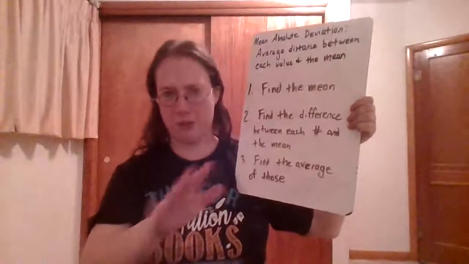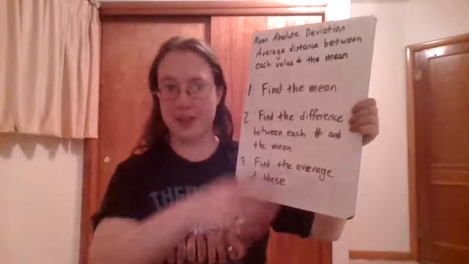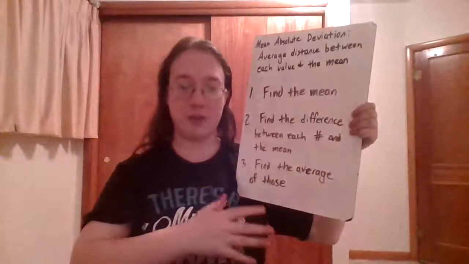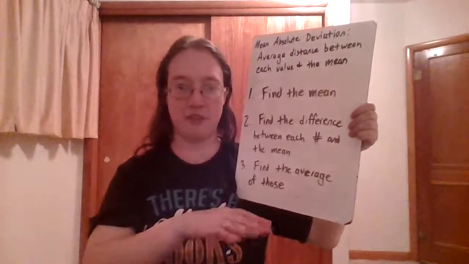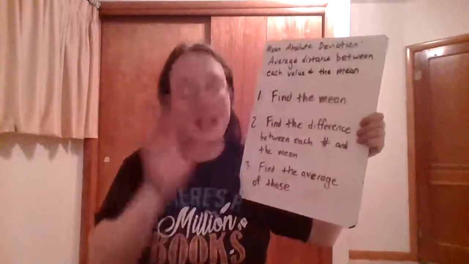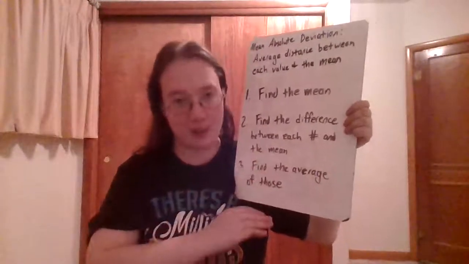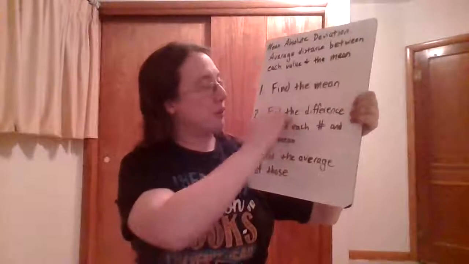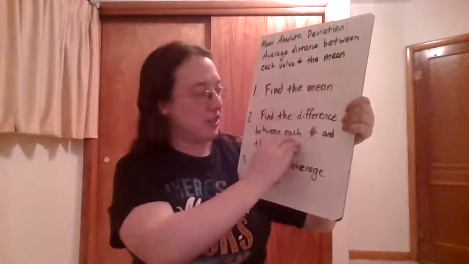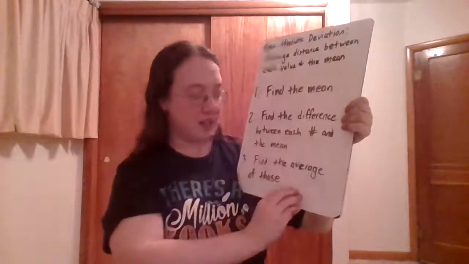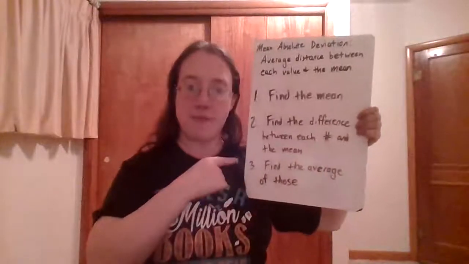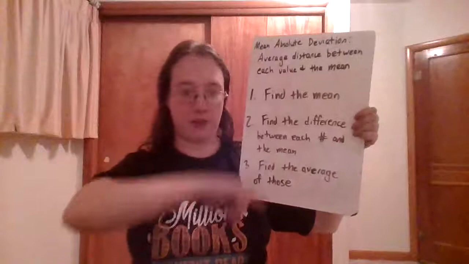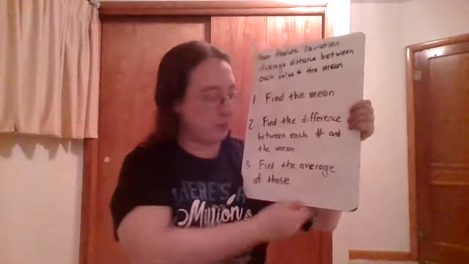So that's the reason we're only doing one of these things rather than both of these things, because this thing by itself has 3 steps, which is also why you might notice if you're looking at the problems, there are only like 5 or 6 of them, rather than the usual 10, because each of these are kind of long. So, 3 steps there. We're going to find the mean, find the distance between each number and the mean, and then find the average of those numbers that we just found. That might be a thing you want to jot down, because it's going to be those 3 steps.